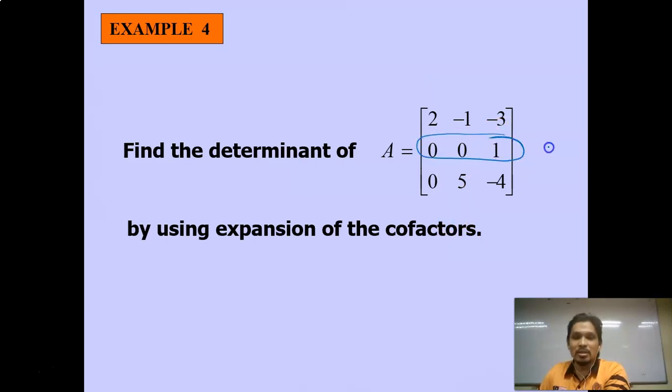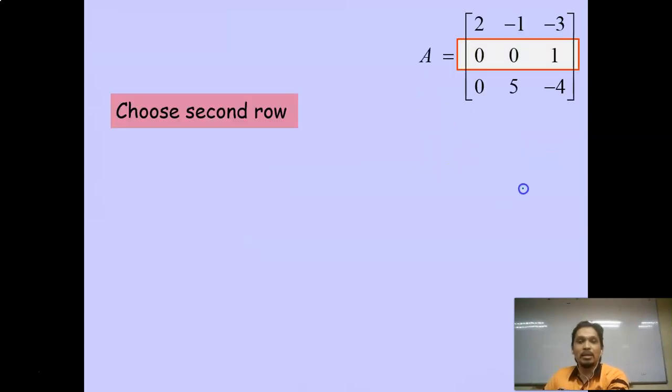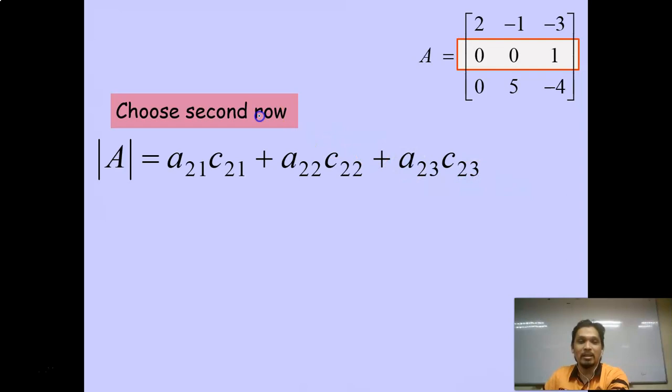You may use the second row or the first column, either one. For this example, they use the second row. A21 is 0, A22 is also 0, A23 is 1.